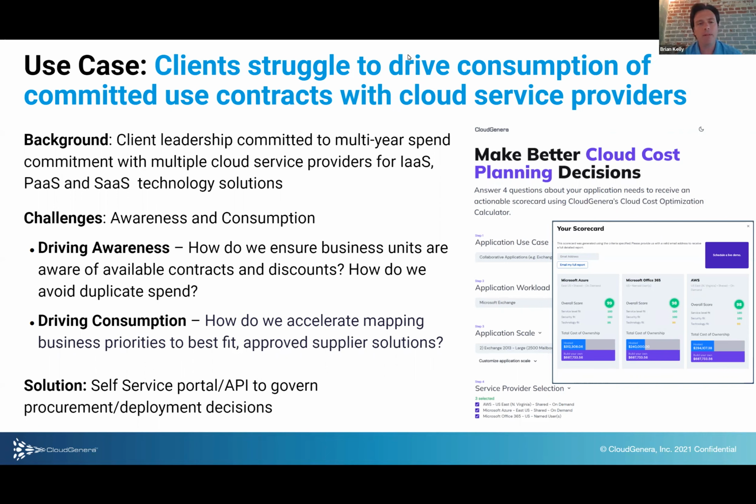As an example, one of CloudGenera's customers in the insurance industry has a very decentralized operation. And one of their struggles is that they've made a very large multi-million-dollar annual commitment to a particular cloud service provider. And to meet that commitment, they need to consume their infrastructure and they need to consume their applications.